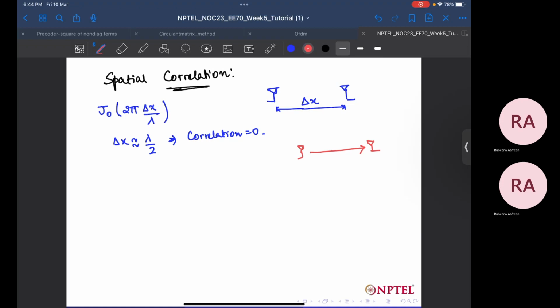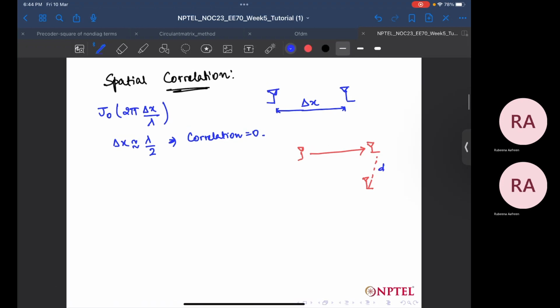So the quality of service will be poor. Now suppose we take two antennas at the receiver, and both antennas are separated by a distance d which is greater than the delta x that we have written here.